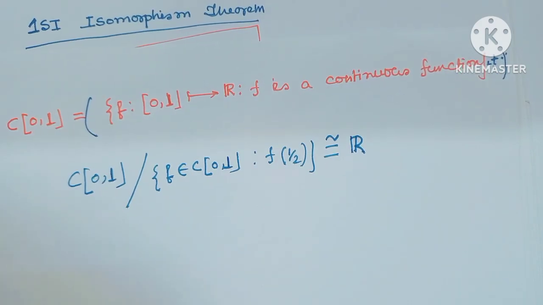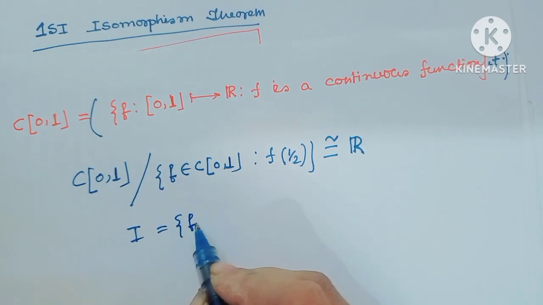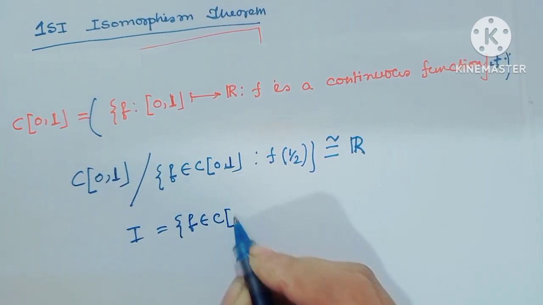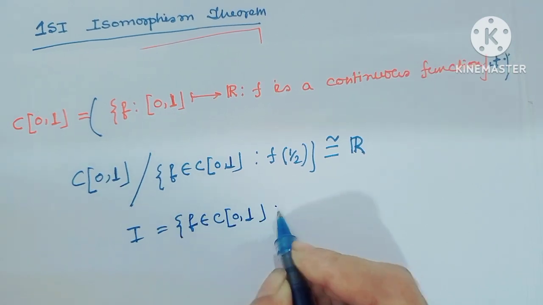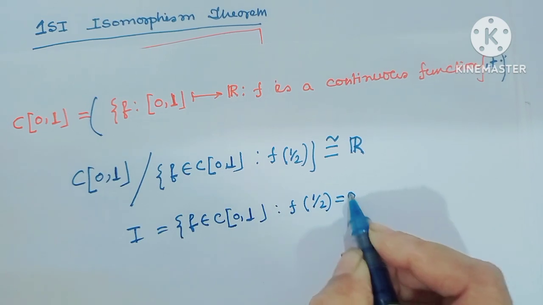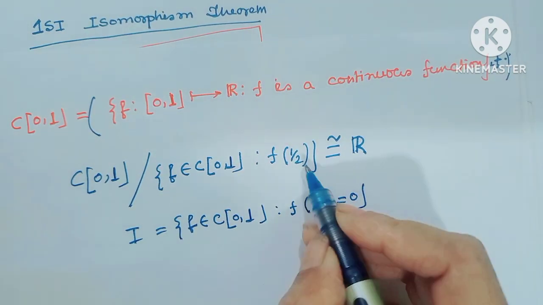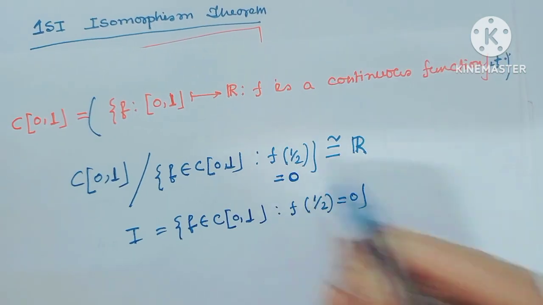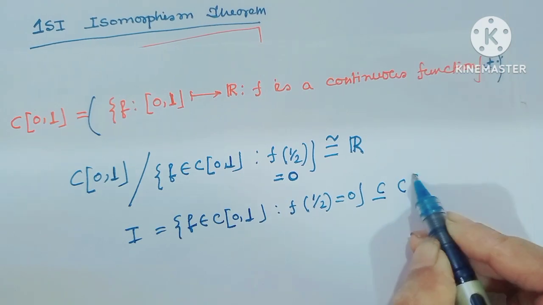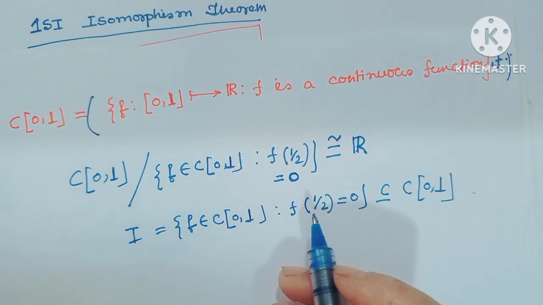Here the kernel, meaning the ideal, is the set of f belonging to C[0,1]. We all of us know the kernel is an ideal such that f of half equal to 0. Here f of half equal to 0, which belongs to, obviously, C[0,1]. This is the ideal, meaning this is the kernel.